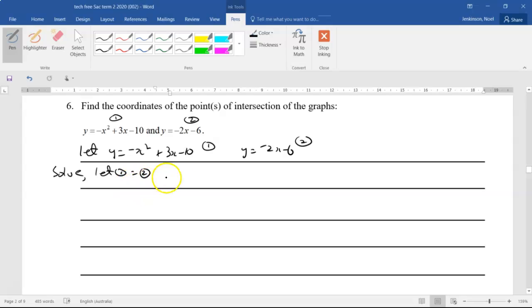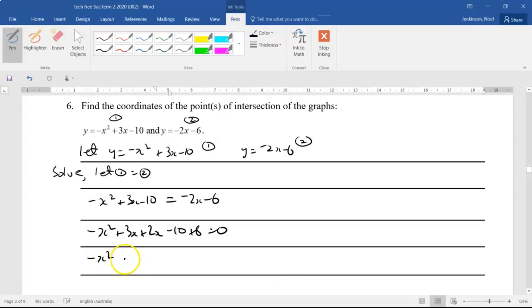And so we will get negative x squared plus 3x minus 10 equals negative 2x minus 6. Wouldn't mind making the x squared positive, or we'll do it later. So negative x squared plus 3x plus 2x, if I add that 2x over, minus 10 plus 6 equals 0.